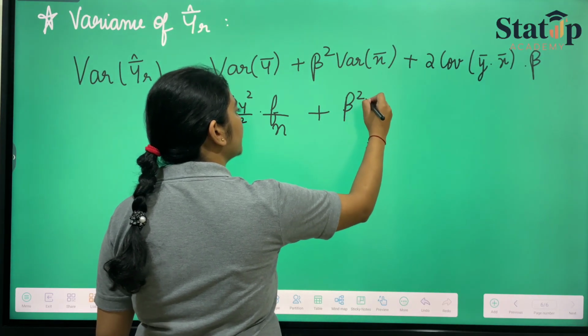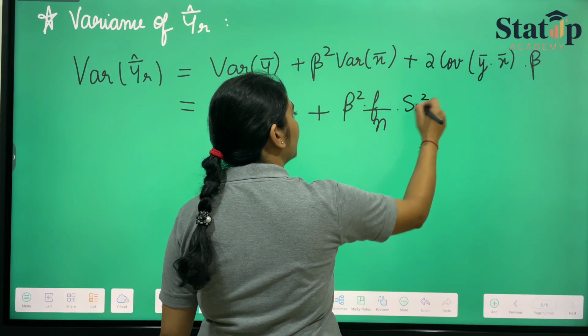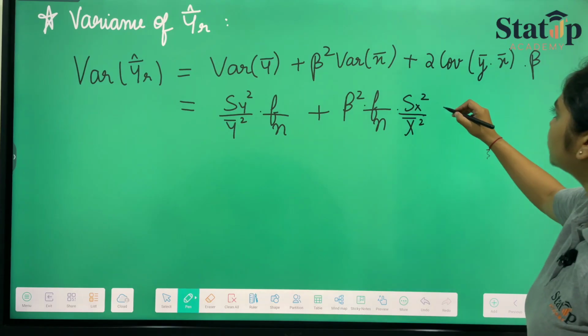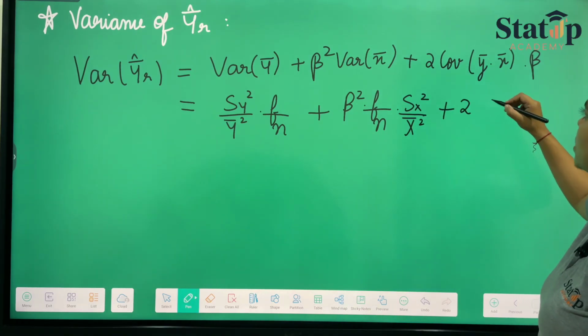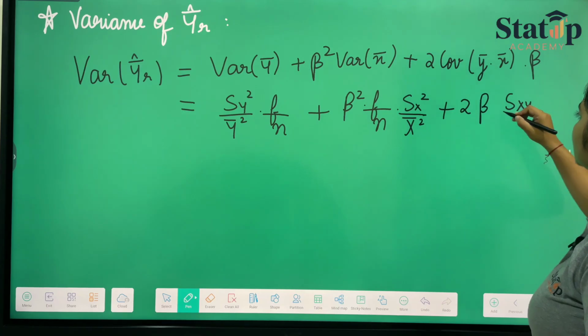So this came from that, and this is beta square into f by n into Sx square upon X bar square, plus 2 into beta. Covariance of x bar and y bar is nothing but Sxy.